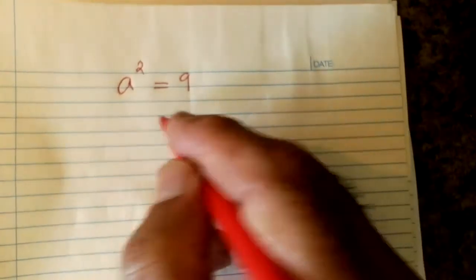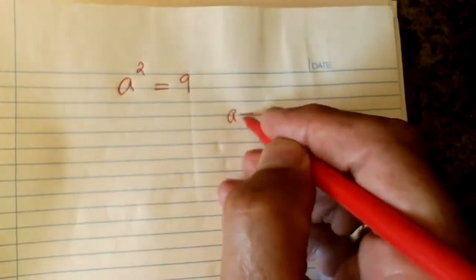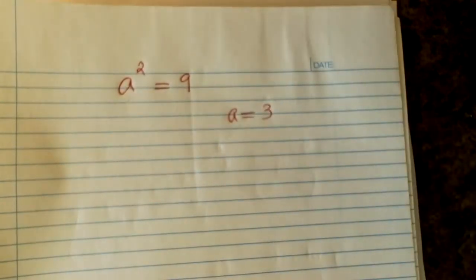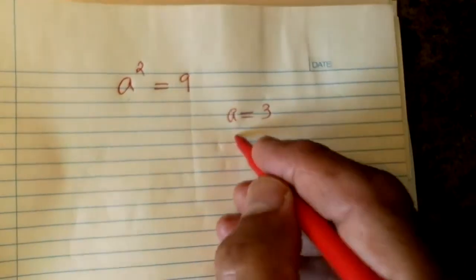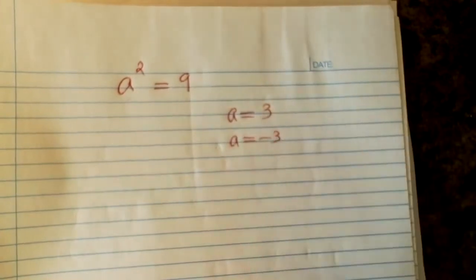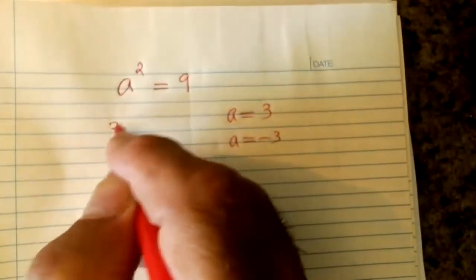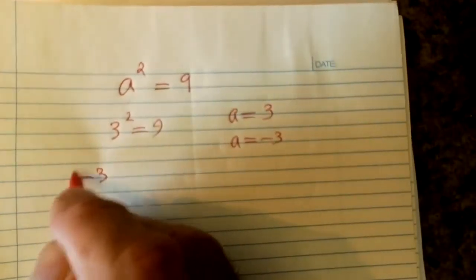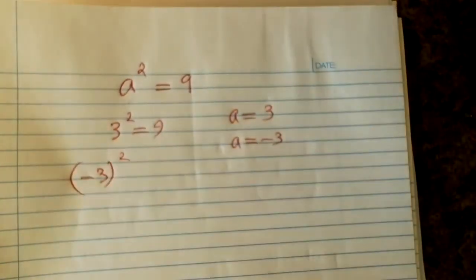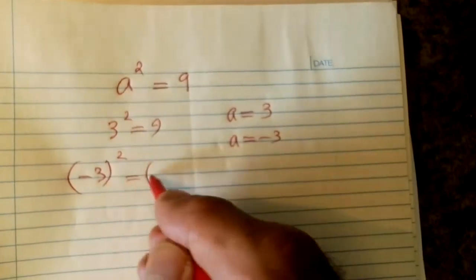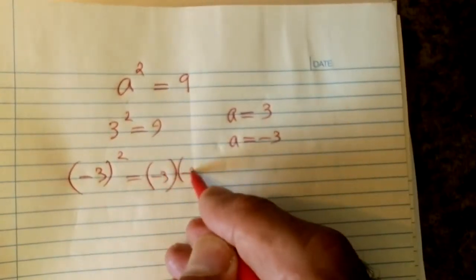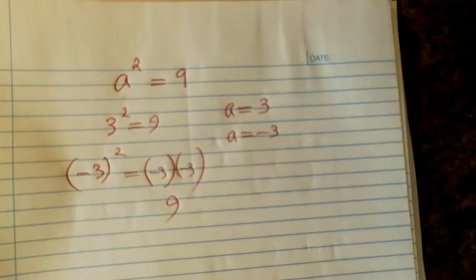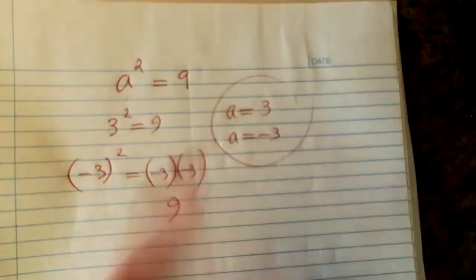What number to the power of 2 is 9? You might say, well, just 3. A is 3. There is another one besides 3. What is that? I say it's negative 3. Why? Because 3 to the power of 2 is 9, that's correct, but negative 3 also to the power of 2 is 9, because negative 3 times negative 3 is 9. See, there are always two numbers.